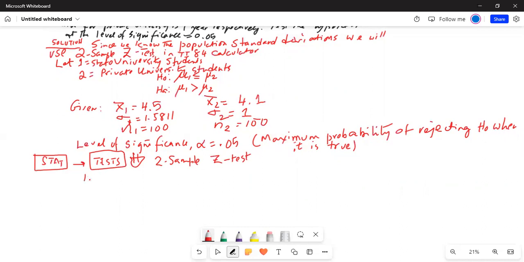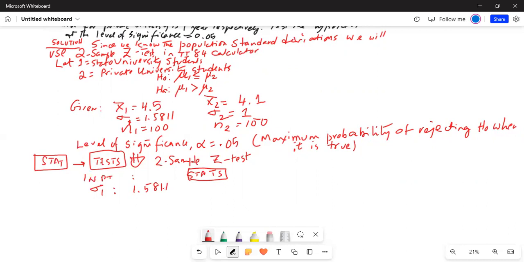Okay, the first line input should be on stats. Why? Because we know the summary stats of the samples for both 1 and 2. Okay, sigma 1 for the state university students is 1.5811.